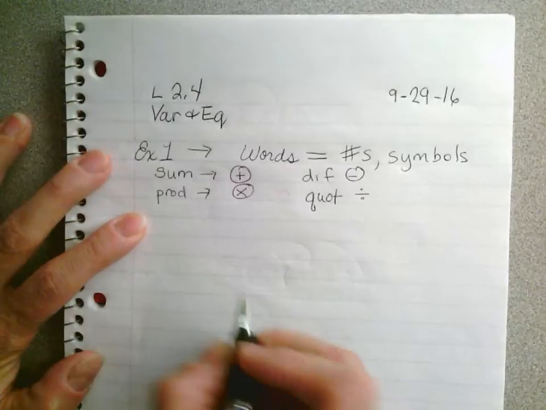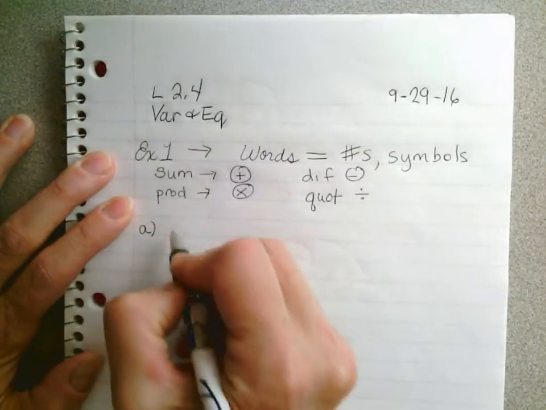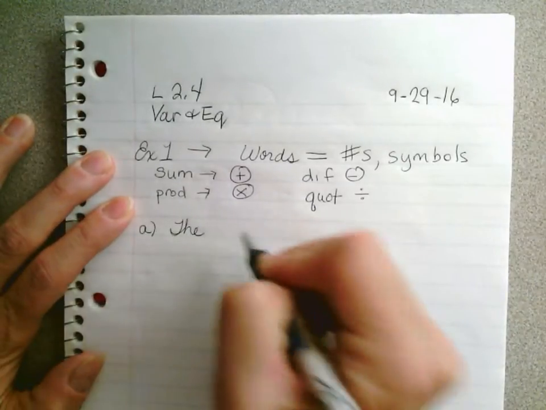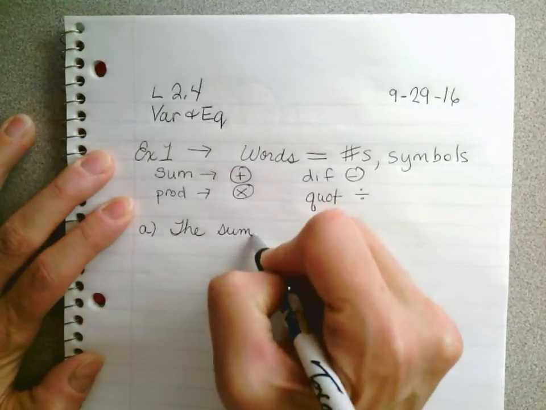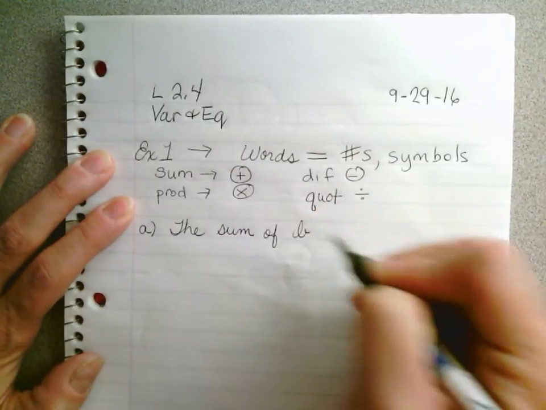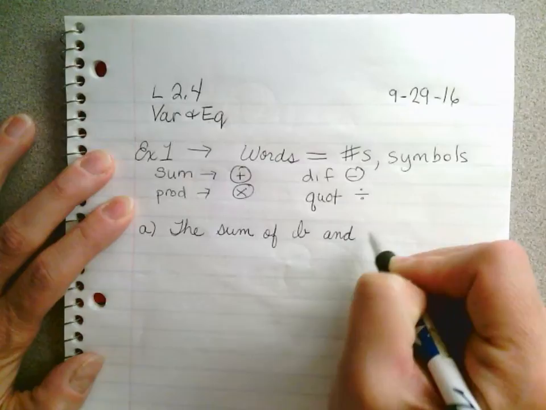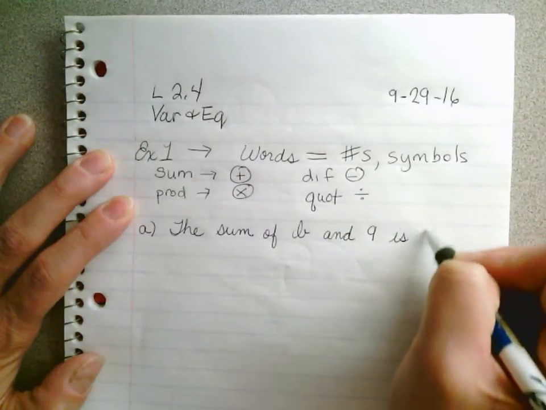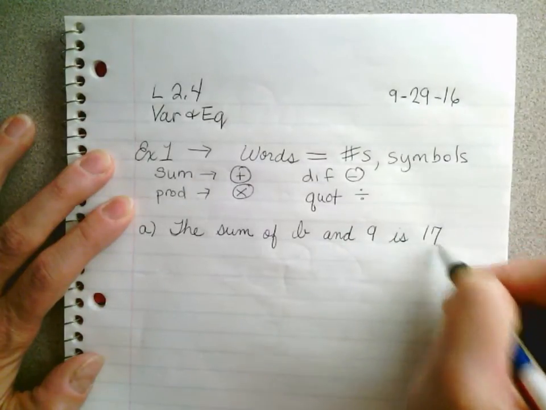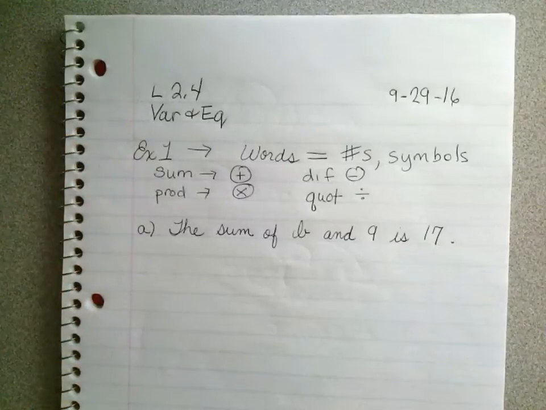So the first example that I want to give you is, and it's mine, remember your book has its own examples: the sum of b and 9 is 17. All we're doing is taking those words and translating them into some sort of symbols.